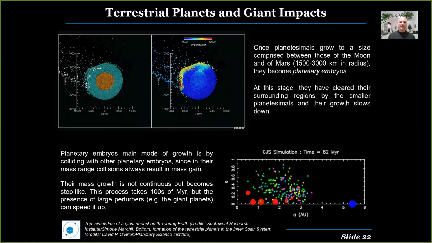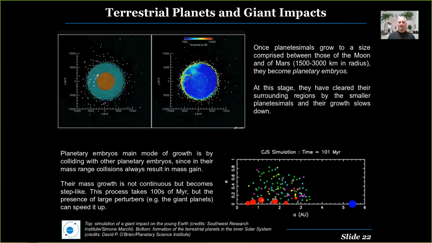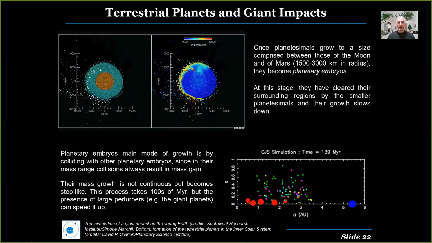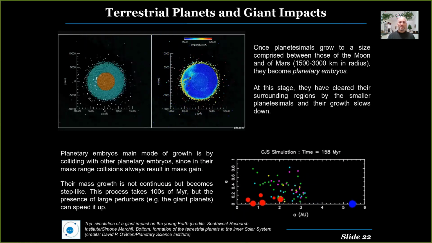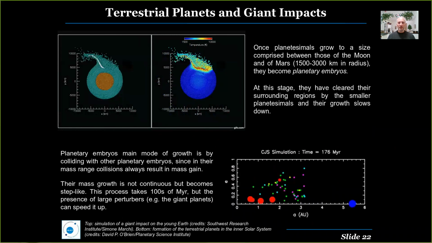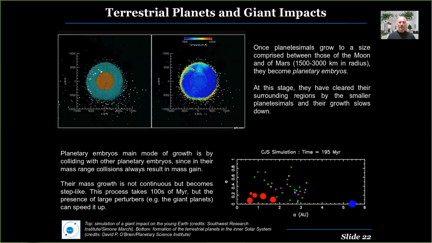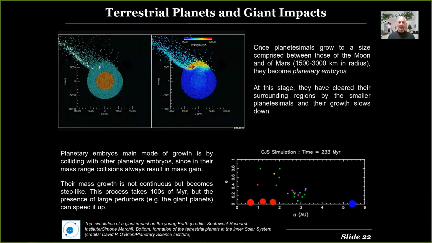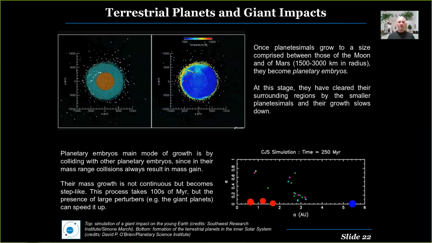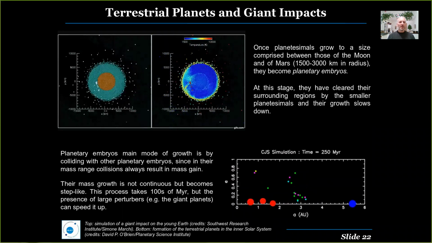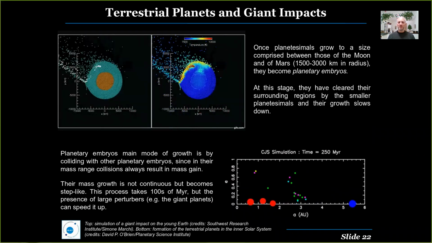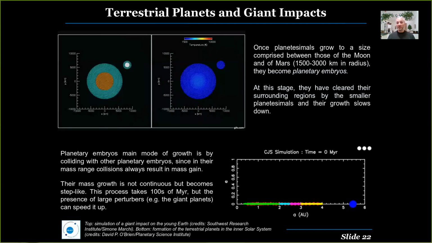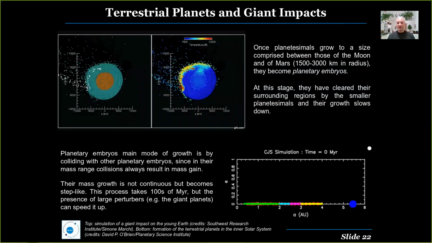What happens is that once a few bodies start reaching a size comprised between that of the Moon and Mars, so between 1% and 10% of that of the Earth, they start to gravitationally accrete all the smaller bodies, growing faster than the other bodies. And these planetary embryos become oligarchs. So the few bodies that grow, the name literally means the few bodies that rule.